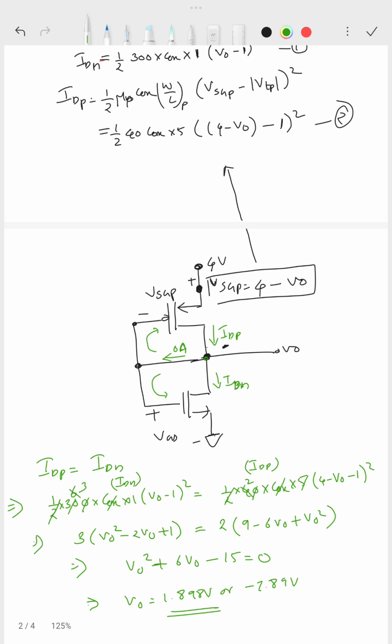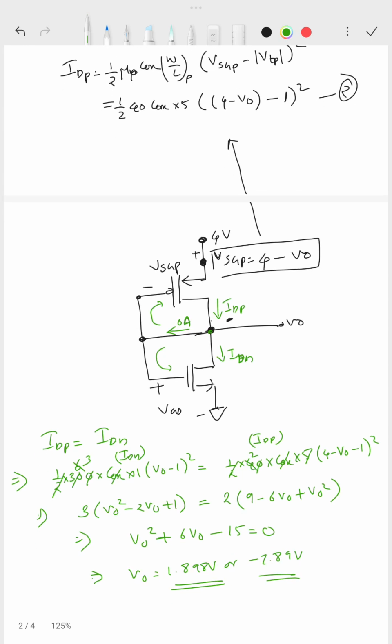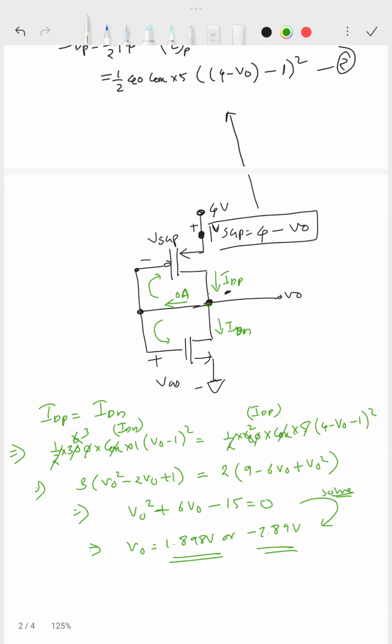So that will be the V naught value. I need to solve this quadratic equation. On solving this, which one is correct? V naught is the same as VDS, and VDS is always greater than VGS minus VT, and definitely it is a positive value, right?